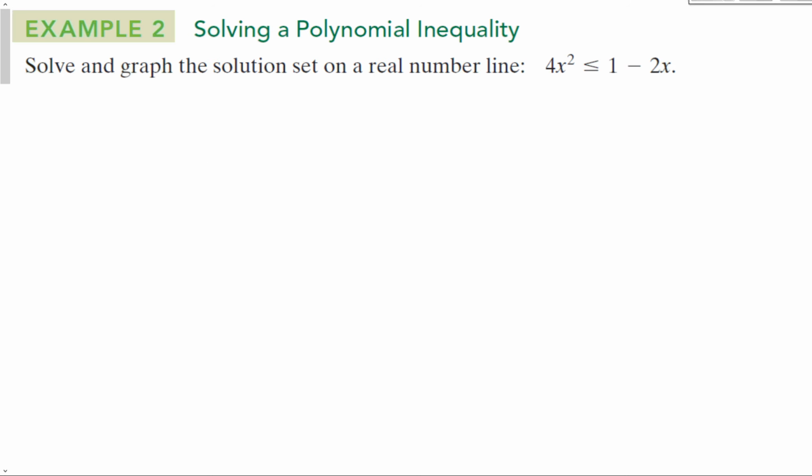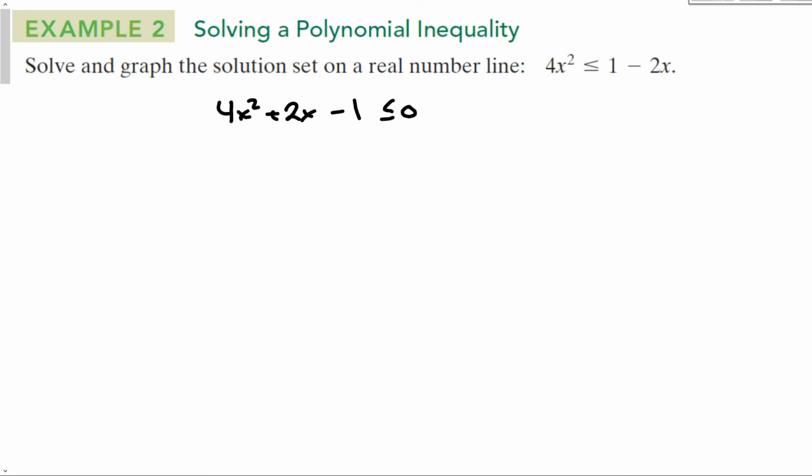Let's look at another one. Same situation. Okay? So we have 4x squared plus 2x minus 1 is less than or equal to 0. I could try to factor this, but unfortunately, it doesn't factor.